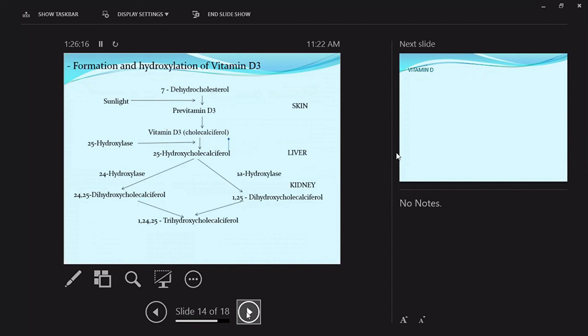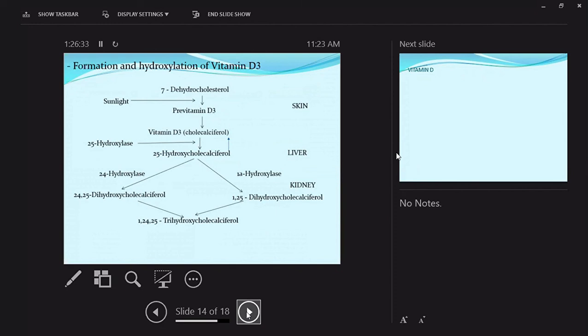When it is acted upon by 24-hydroxylase, it is converted to 24,25-dihydroxycholecalciferol. This is inactive.